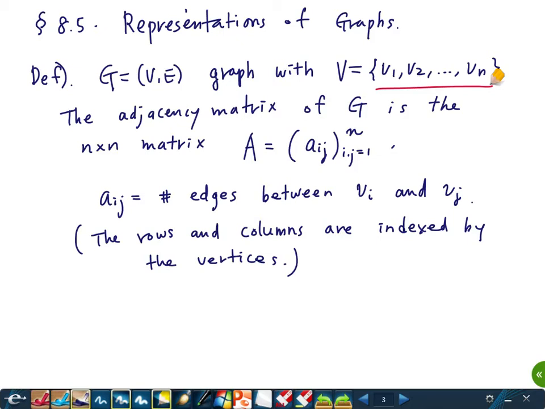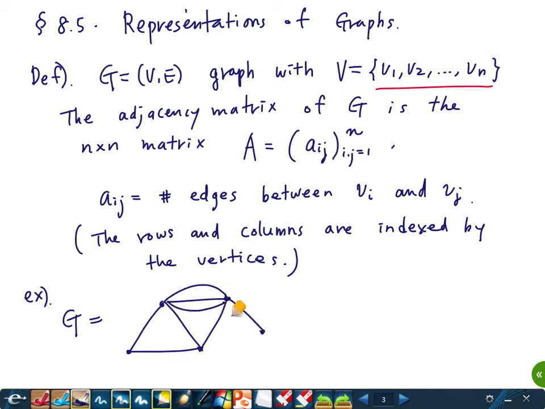Okay? So example. Suppose that we have a graph which is represented by this diagram. This is not a simple graph. It's like this, with vertices A, B, C, D, and E. So what is the adjacency matrix, where we order the vertices like A, B, C, D, E?